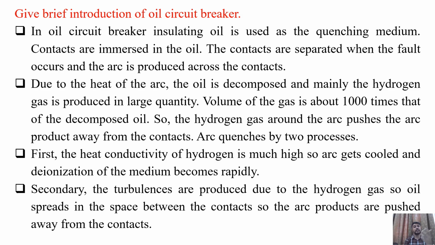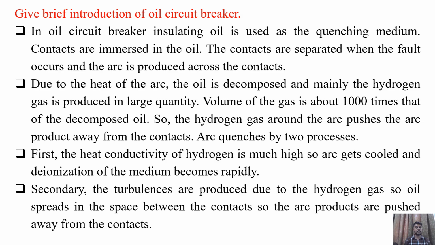The hydrogen gas around the arc pushes the arc products away from the contacts and the arc quenches by two processes. First, the heat conductivity of hydrogen is very high, so the arc gets cooled down and the deionization of the medium becomes rapidly fast, so the arc quenches quickly. In the second process, turbulence is produced due to the hydrogen gas.